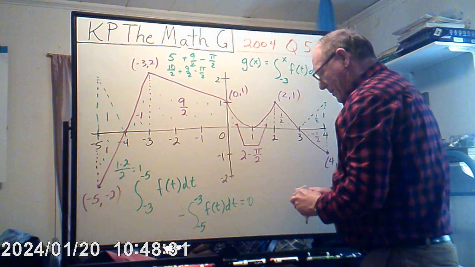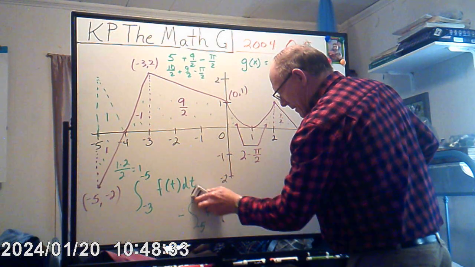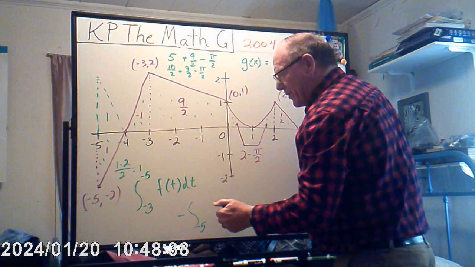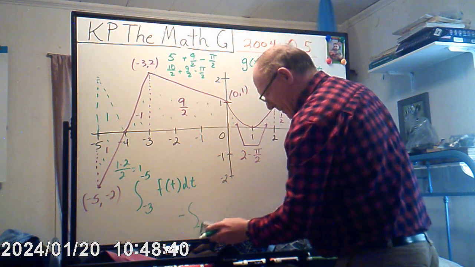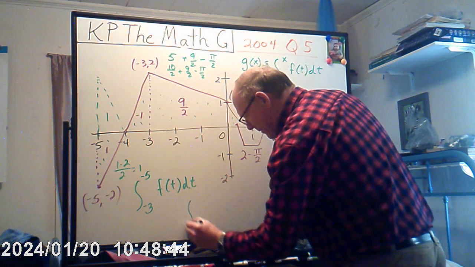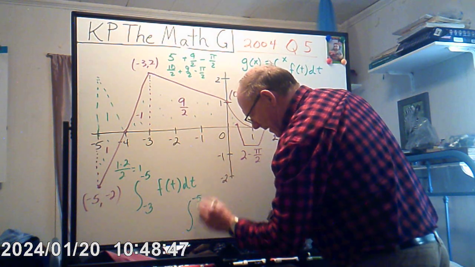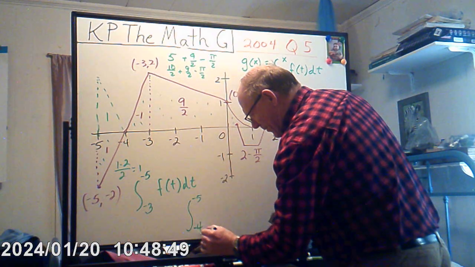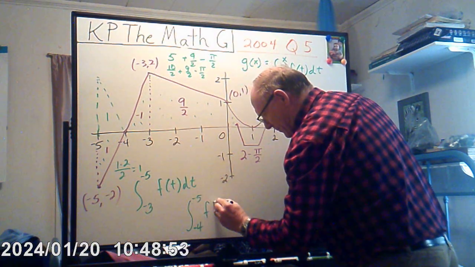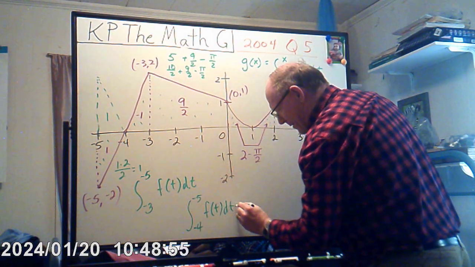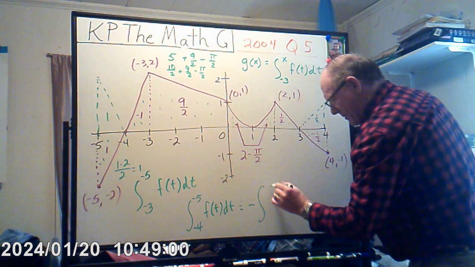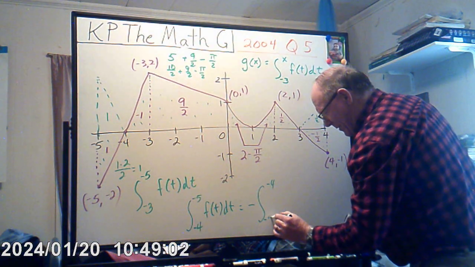If I were to do this, instead of from negative 3, I'd go from negative 5 to, if my x is negative 5 here, and then I make this from, say, negative 4 instead of negative 3, I still got to flip this around because negative 4 is still larger than negative 5 on the number line.